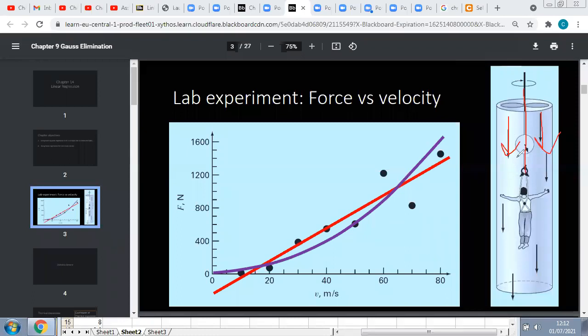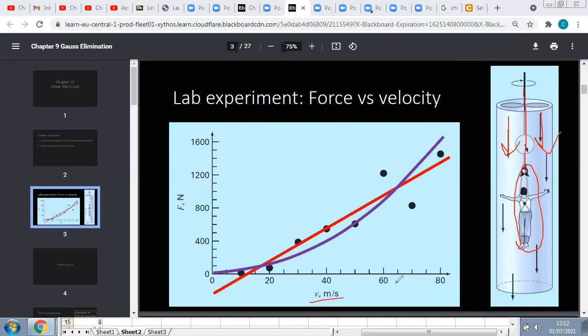Under the effect of this airflow, we can measure the force acting on the occupant as a function of the velocity of the airflow. We should subtract the weight of the occupant from this force. Then we can find how the force acting by the fluid on the person changes with the velocity. This is a possible experiment that we can do.